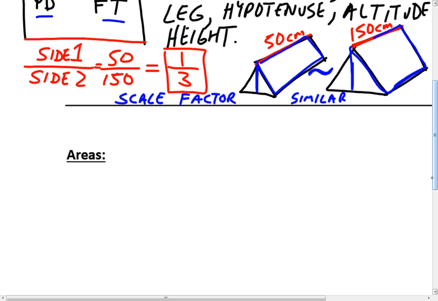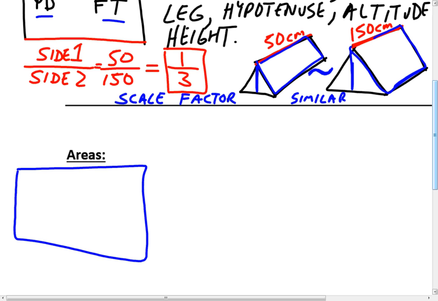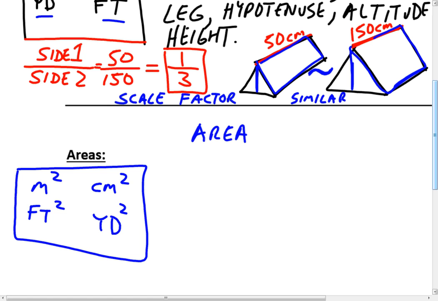Areas. What kind of units do we use when we're talking about areas? Volume, no. And what type of areas have we looked at besides just regular area? What's shown up? Surface area? Oh, that's a lot.